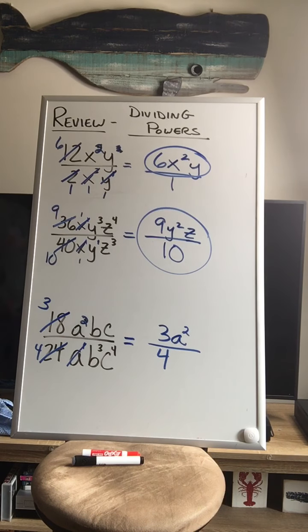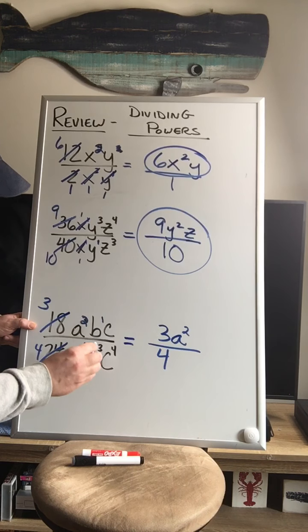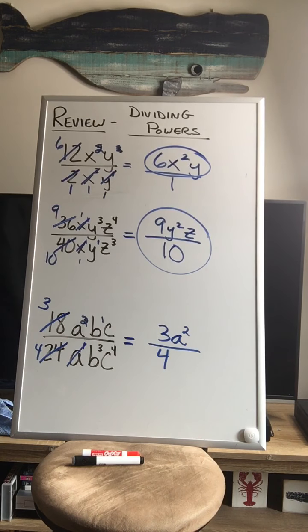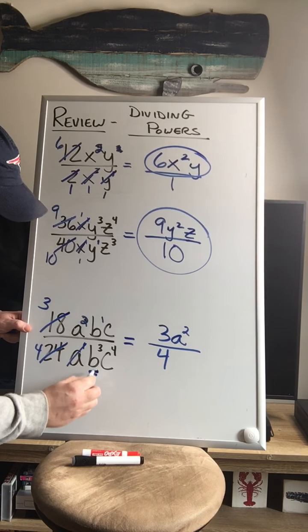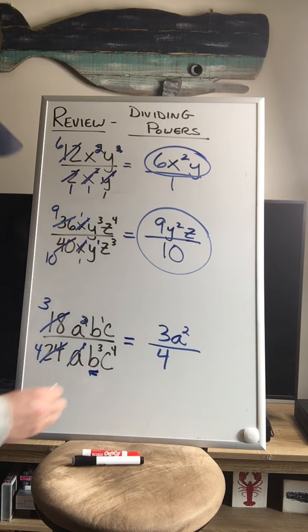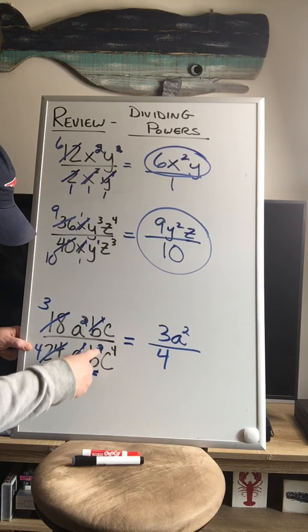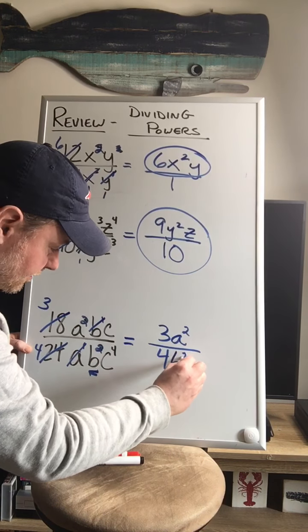Okay? Now, with the b's, pay attention. B to the first in the top, b to the third in the bottom. That's going to be 2 leftovers. 3 minus 1 is 2. But since there's more b's in the denominator, that's where the leftovers are going to end up. This b cancels with one of these, and now you have b to the second in the denominator.